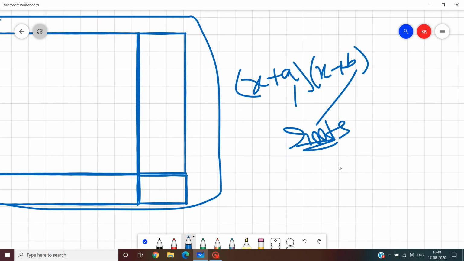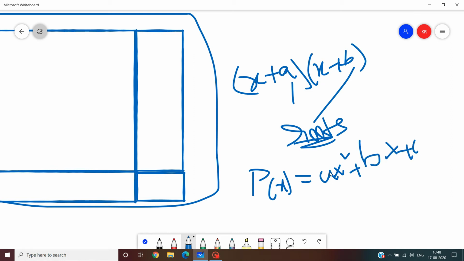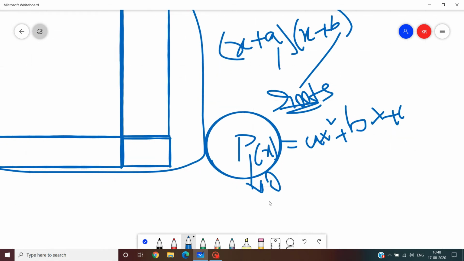So when we call a root a zero, we have taken p of x is equal to ax square plus bx plus c, right? So if I take p of x is equal to 0, for what values of x are we getting 0? That is the meaning of zeros of a quadratic equation.